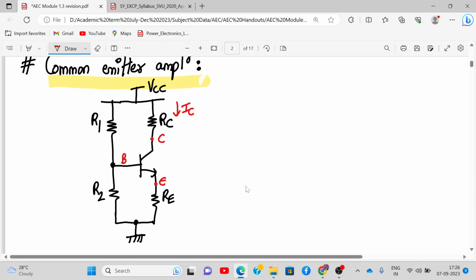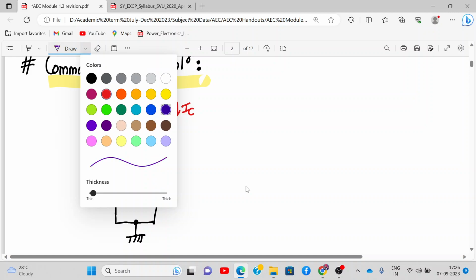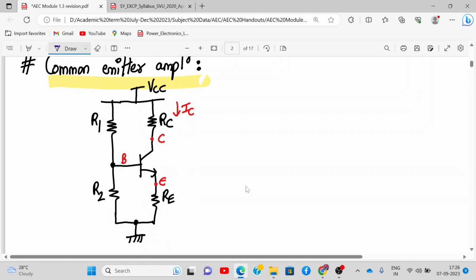Now you apply your AC signal. If I directly apply the AC signal, the AC and DC will interfere with each other, and that will lead to the wrong result, or the saturated value, or not the desired value. So, to isolate the AC and DC, we apply capacitors in between them.